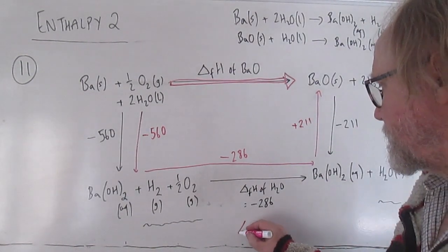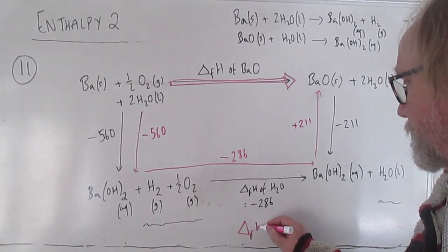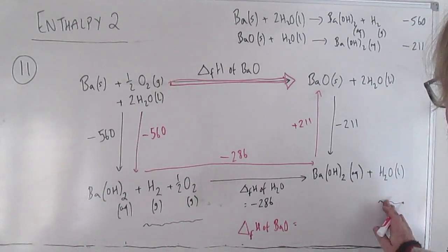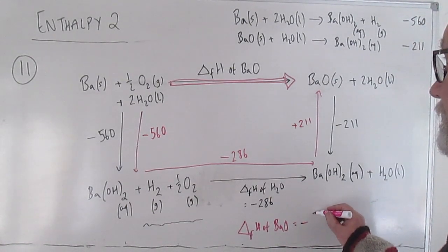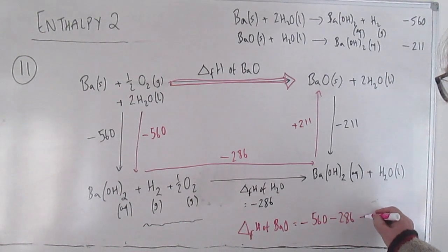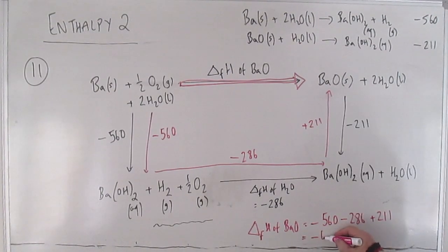And so that gives us our answer: delta H of formation of barium oxide is equal to minus 560 minus 286 plus 211, and that equals minus 635 kilojoules per mole, which is the answer.